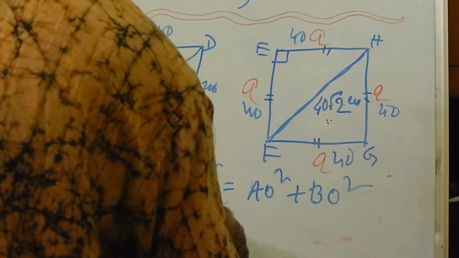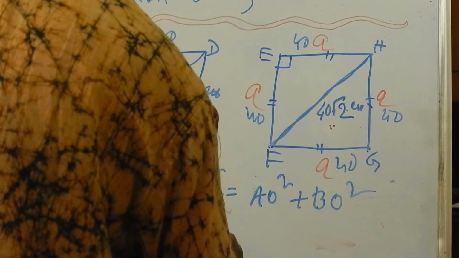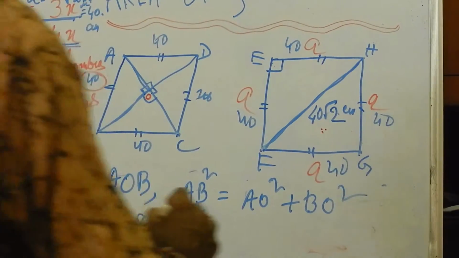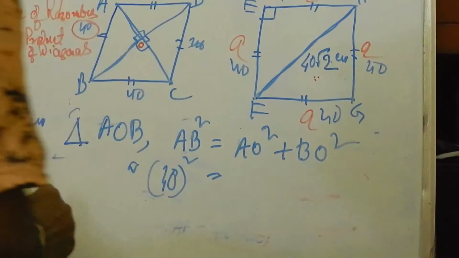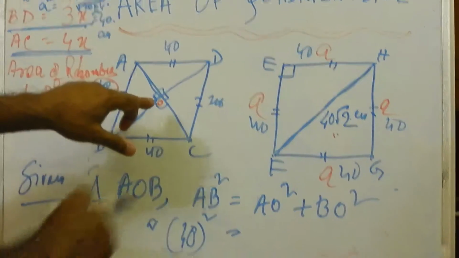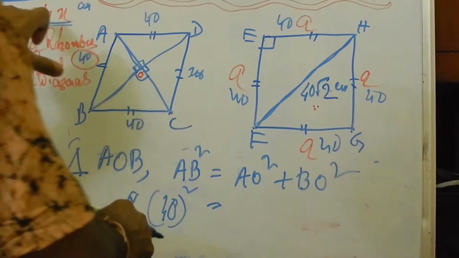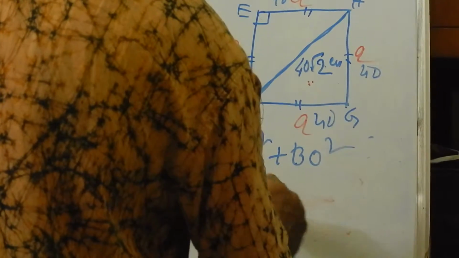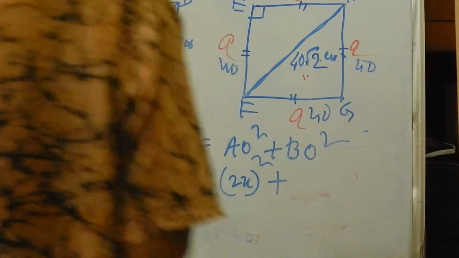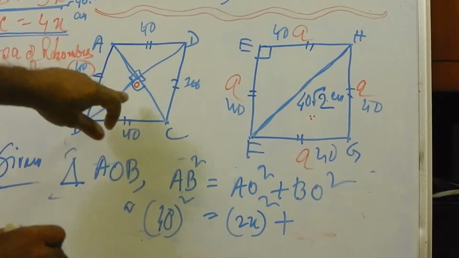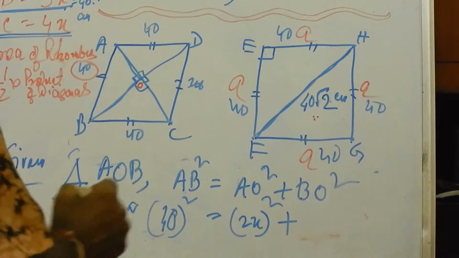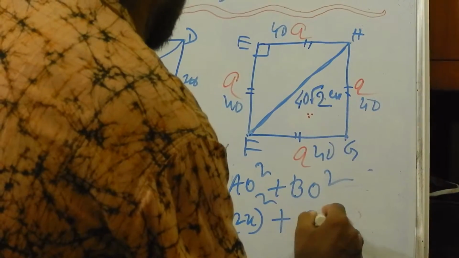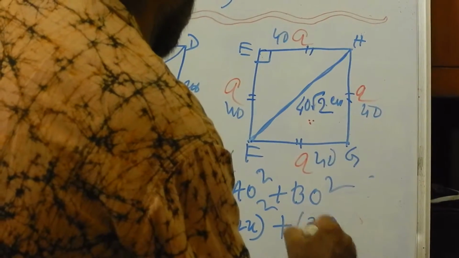So AB, 40 square, AB value is 40, equal to AO square plus BO square. AC was 4x and AO we deduced 4x by 2, 2x. So 2x whole square plus BD was 3x and BO was 3x by 2, so BO square is 3x by 2 whole square.